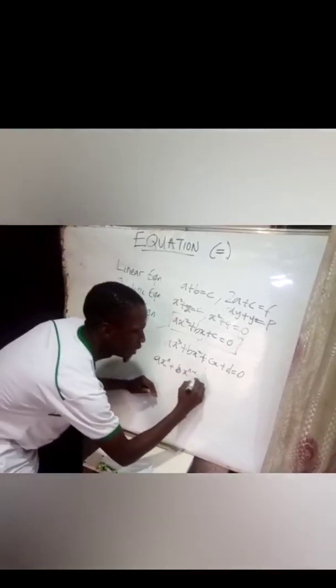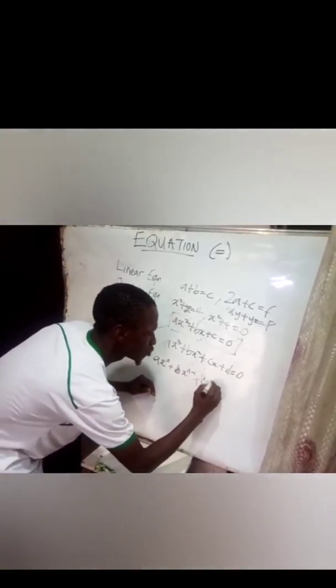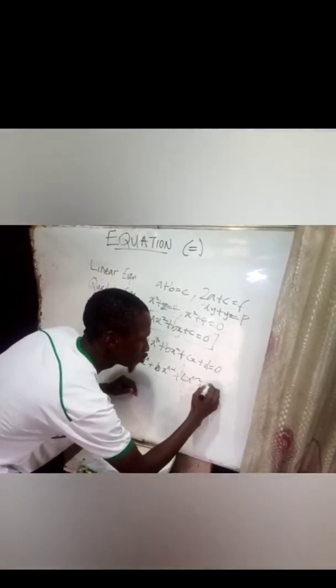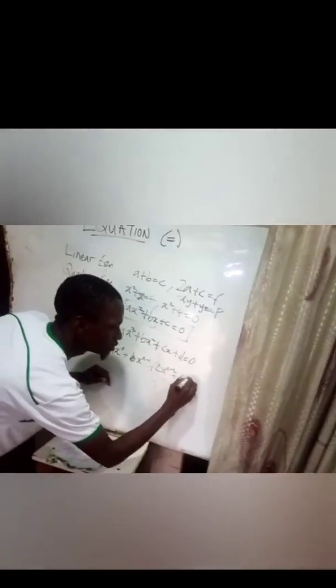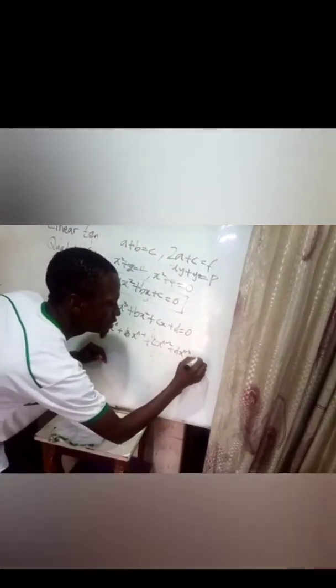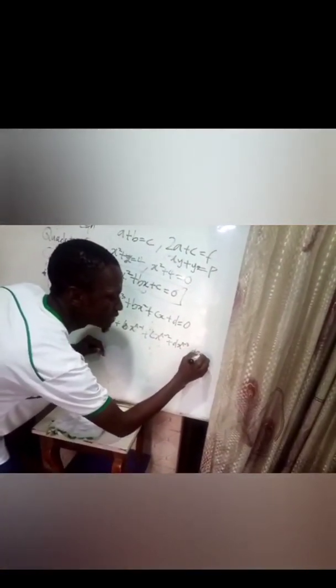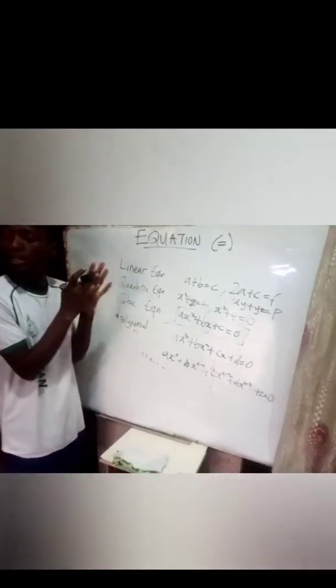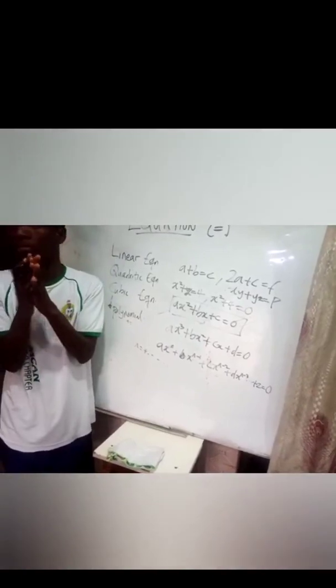This will be decreasing, plus cx raised to power n minus 2 plus dx raised to power n minus 3, till you have a constant z equals to 0, where your n can stand from 4 to infinity and above. Is it clear?